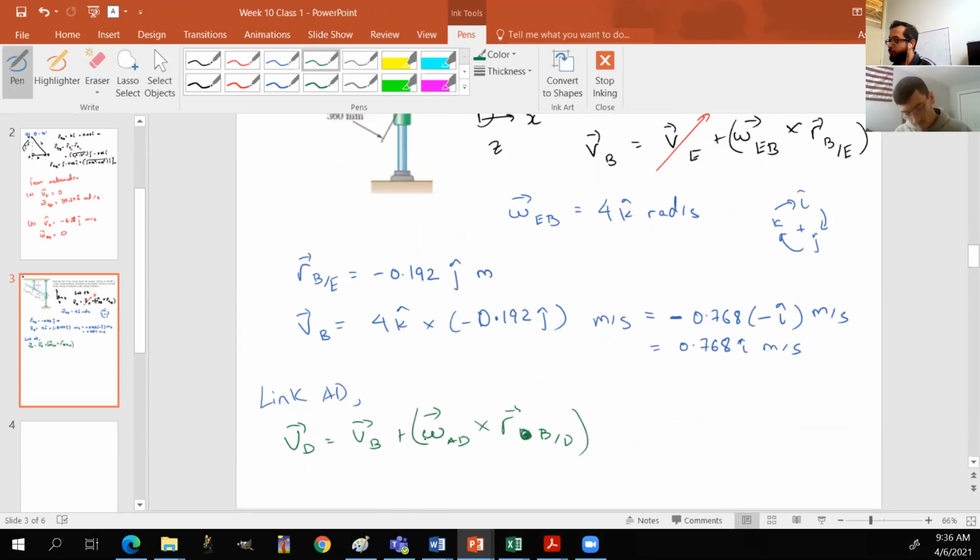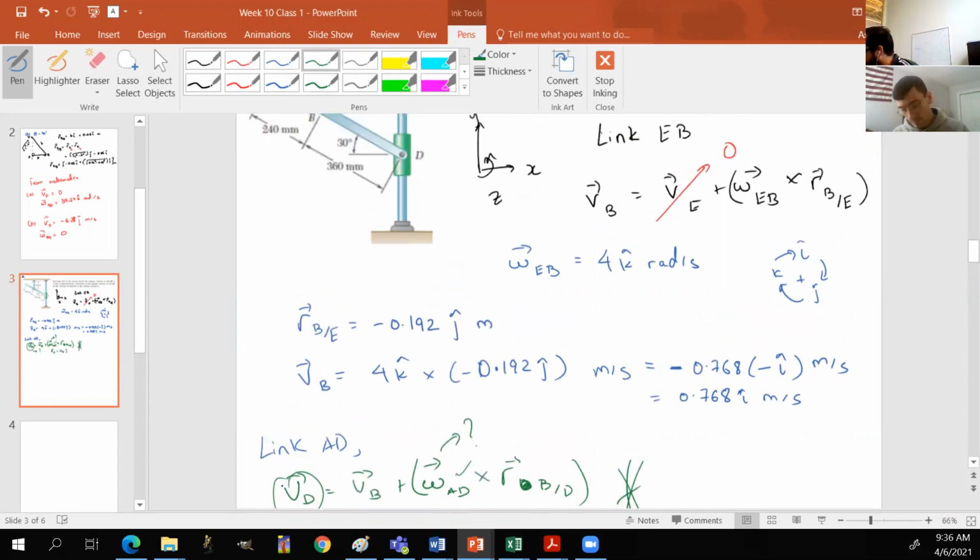This is how you would originally solve the problem. And in this equation, you need two unknowns, right? So here, that's going to be one unknown. And here, you can say this is going to be one unknown because we know that VD can move horizontally. You can just say that this is VD j hat, all right? This is how you would solve the problem. So you'd get omega AD, you'd get VD, and you'd solve your problem.